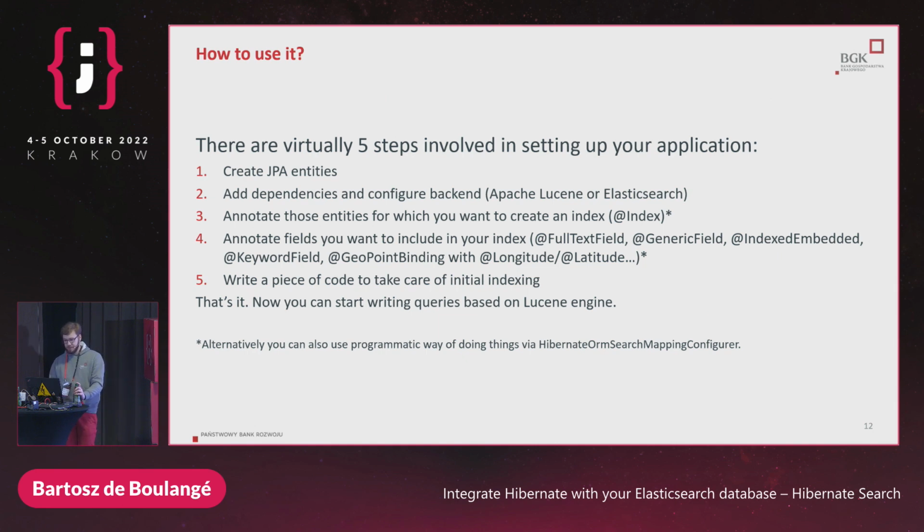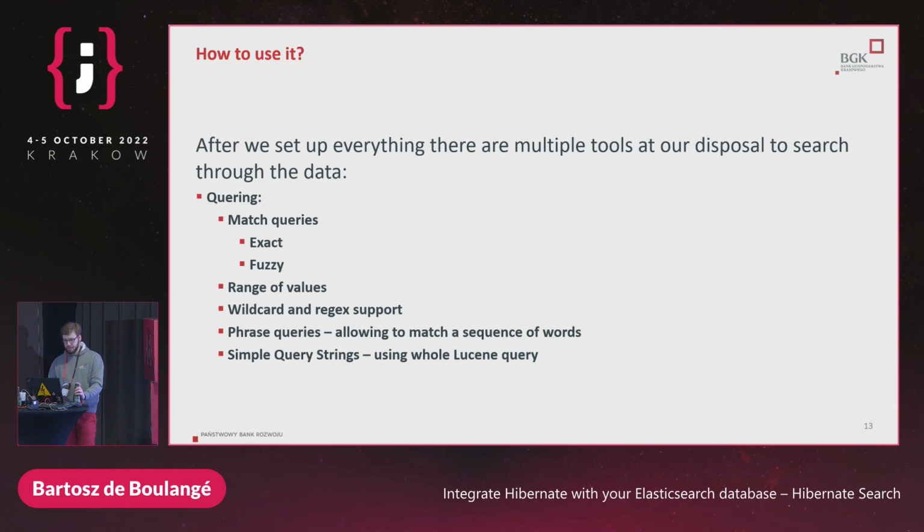Okay, so let's go further. After we set everything up, there are multiple tools at our disposal. So querying, and we can have multiple types of query, exact like in SQL database, or fuzzy, where 2 or more letters can be matched differently. We can select through range of values.